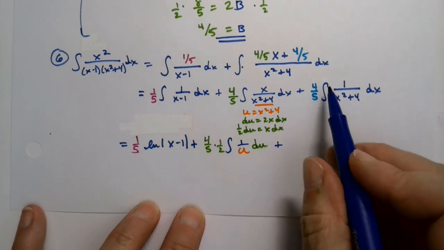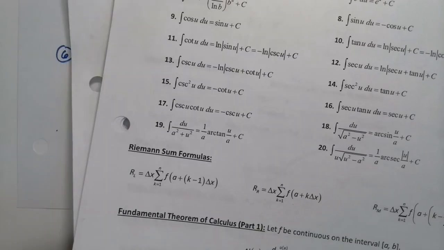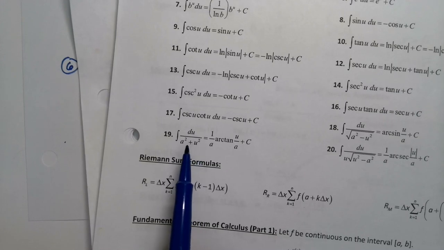And then plus, and then this one, you might think, oh no, we don't have a U substitution for that one. That's correct. You do not have a U substitution because you're missing an X term in the numerator. However, that one is one that we know very well. It's right here, right? U squared plus A is the same thing as A squared plus U because addition is commutative. It's the arctangent one.